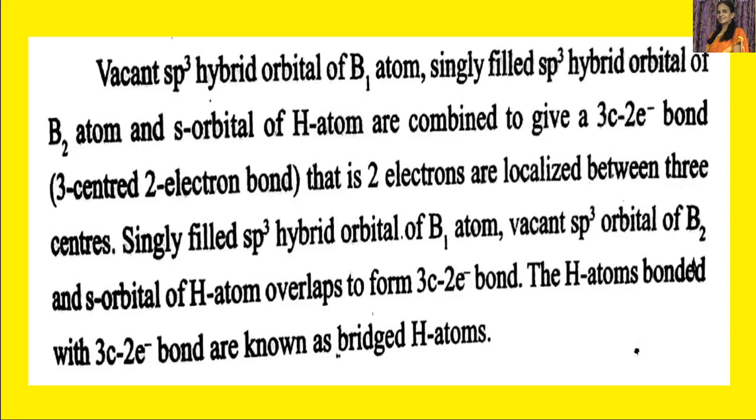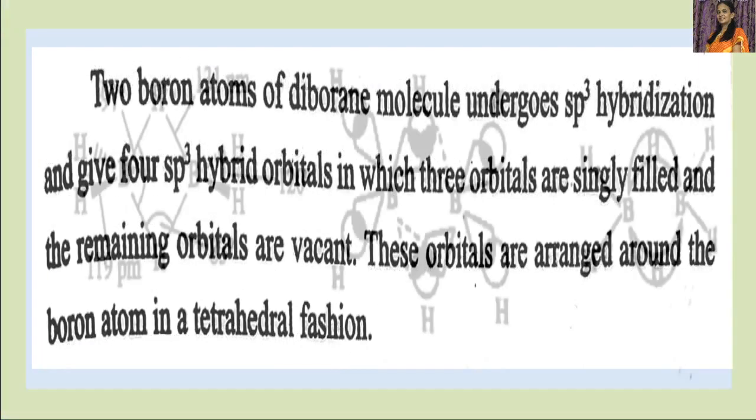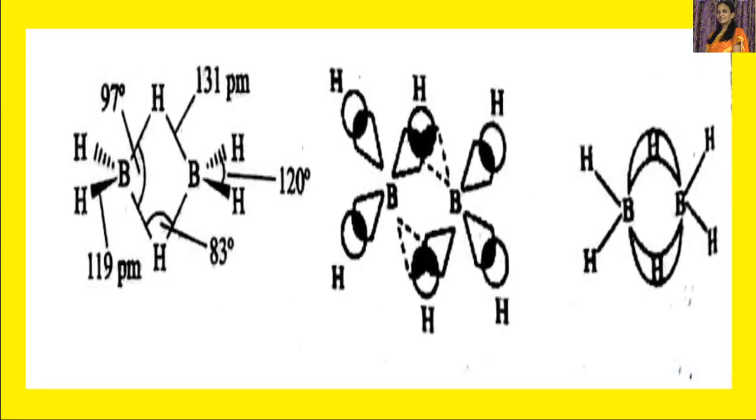The hydrogen atoms bonded with three-centered two-electron bonds are called bridged hydrogen atoms. I'll show you where they are. This is one bridged hydrogen atom, this is another. These four are terminal hydrogens, and these two are bridged hydrogen atoms.